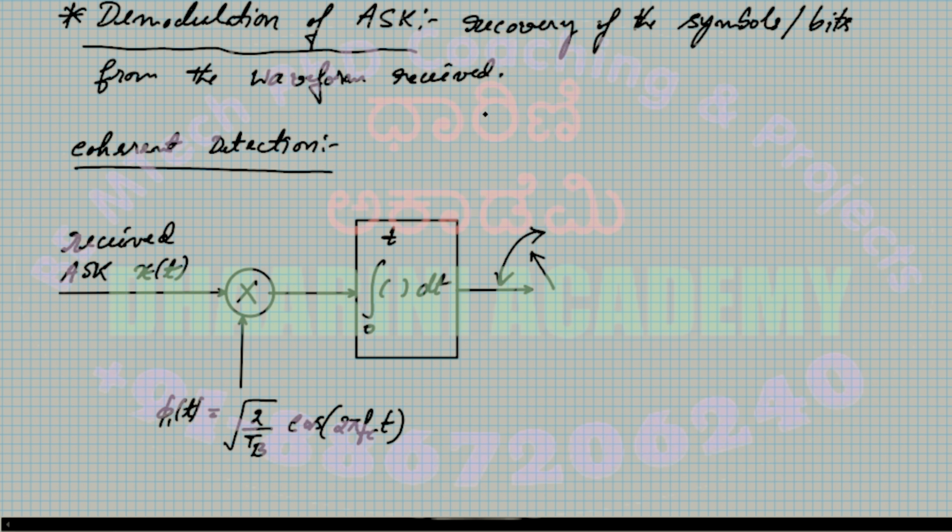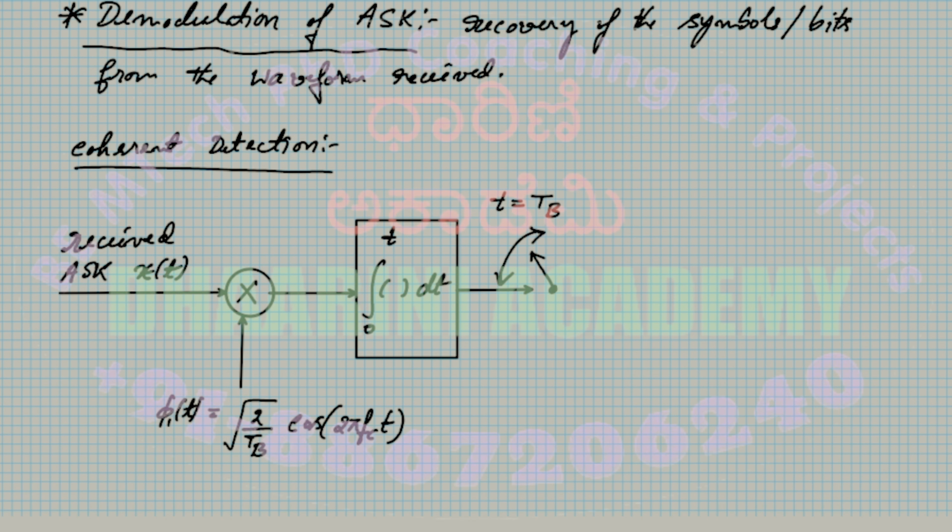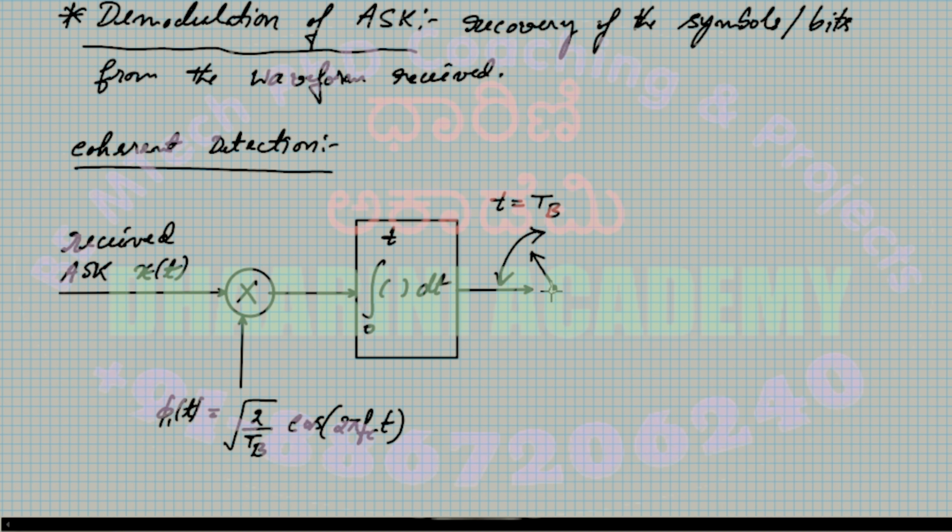It is sampled at every t equal to T. Every time you sample, you get a single value. Let's call the sample coming at the output of the sampler x1.